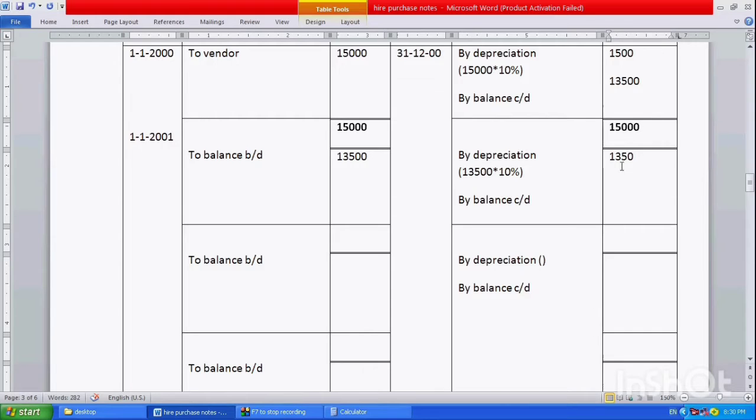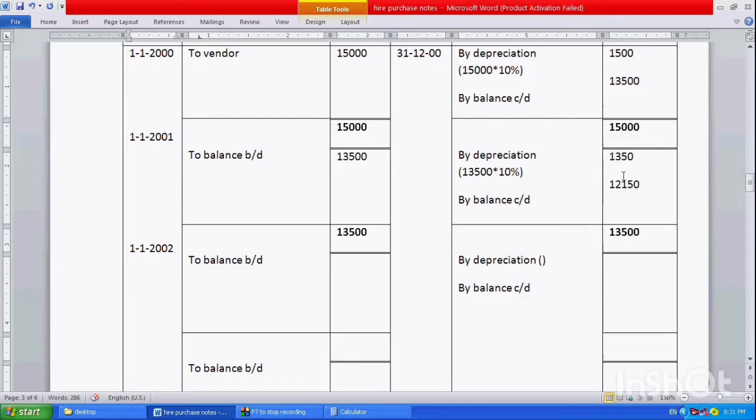So you can also write carried on amount 13,500 minus 1350, we are getting 12,150. Now tally the ledger balances, 13,500 and 13,500. Here we forgot to write the date, so let's write the 31st December date closing also. So before this we have tallied two ledgers, 13,500 and 13,500.